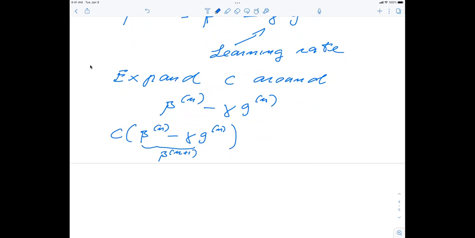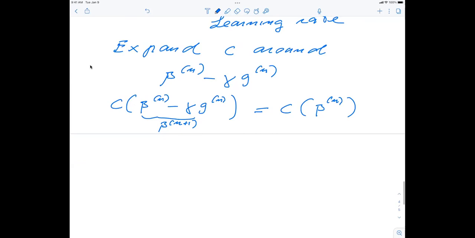So this is going to be C of beta of n. And then I have the first derivative, so we have minus gamma. I'm just dropping the parameters n, or rather, let's keep them, times g of n transpose. So I'm just plugging in the terms in the Taylor expansion.